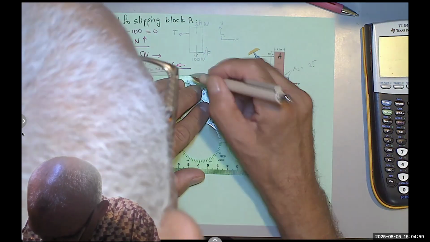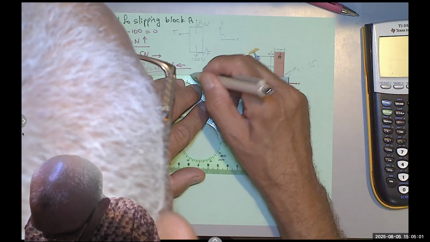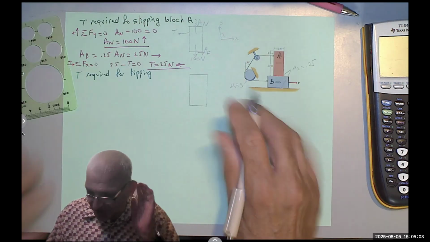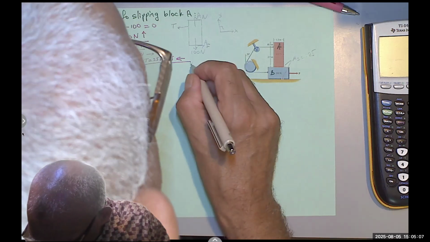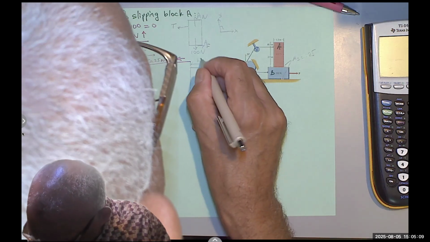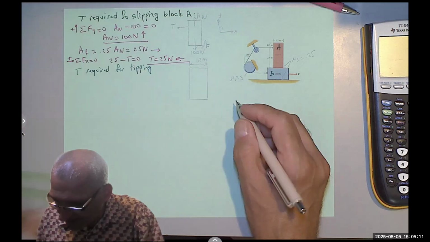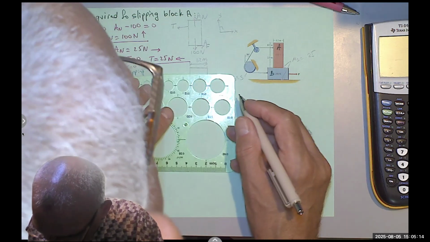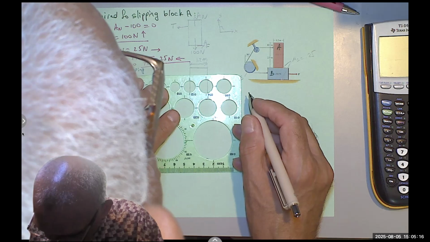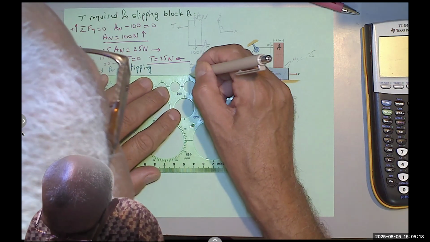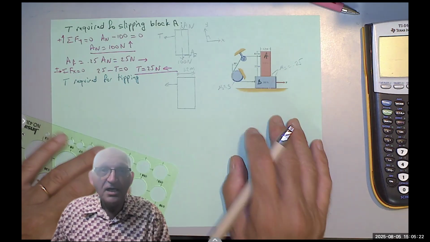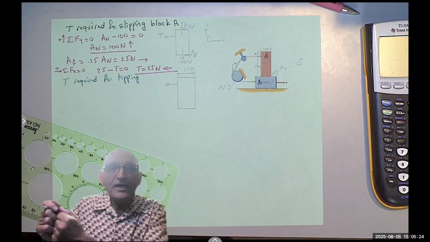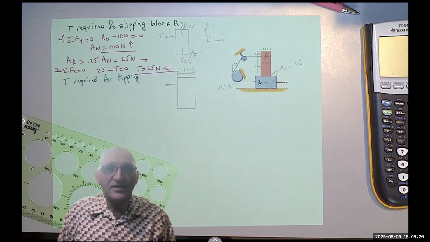Remember, like 3 sessions ago when we introduced the dry friction, I told you something important. I told you to think of any force applied to a block as pulling the normal force with it.